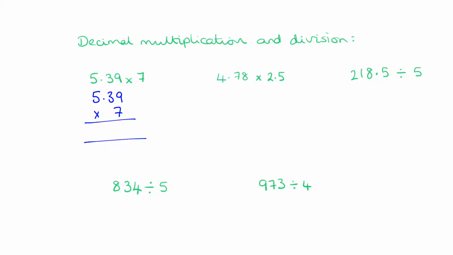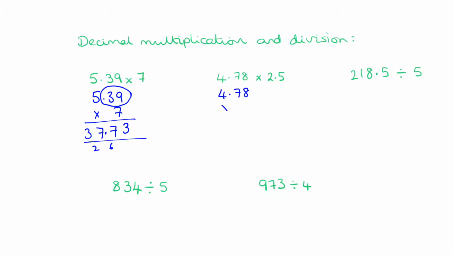So 9 sevens are 63, 3 sevens are 21, add the 6, makes 27. 5 sevens are 35, add 2, makes 37. Then looking at the decimal places, we've got 2 in the question, so we need 2 in the answer. So it's 37.73.